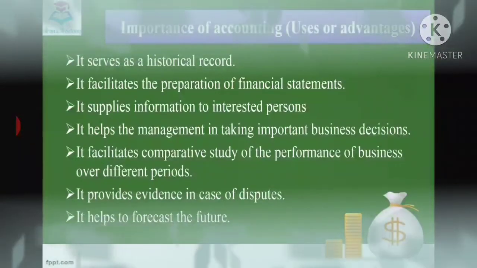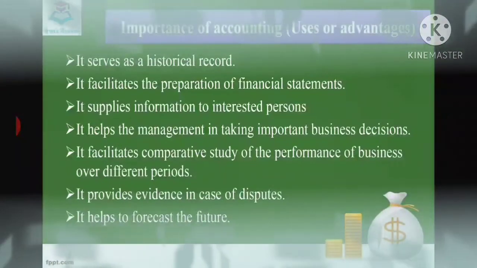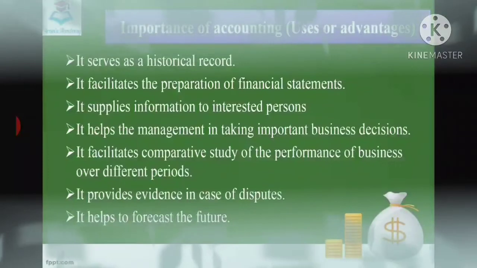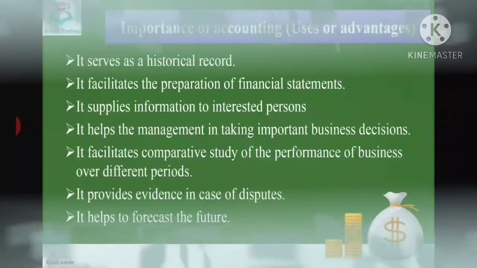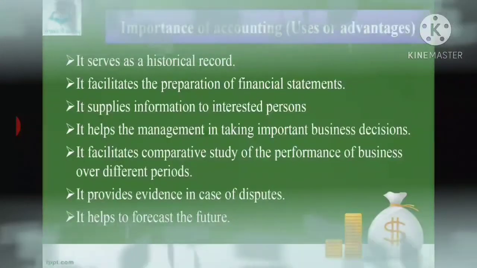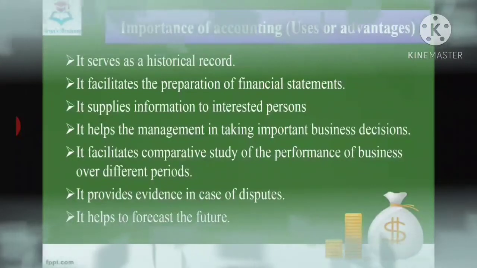Thirdly, it supplies information to interested persons, meaning after preparation of the financial statements, we can provide the information to the interested persons. Interested persons here are the stakeholders of the business concern or organization.